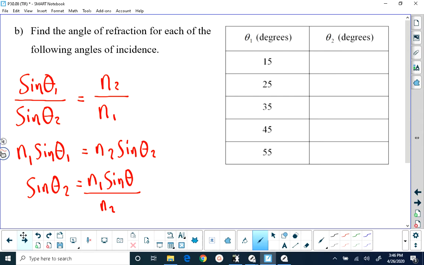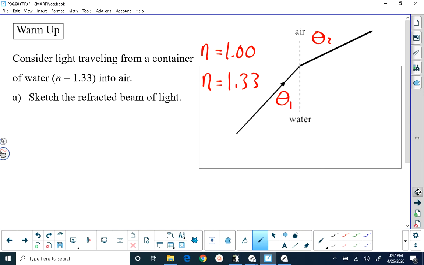Since N2 is 1.00, go back here. I don't think I labeled it, but since the light goes from water to air, the 1.33 is N1 and the 1.00 is N2. It's the second index of refraction.